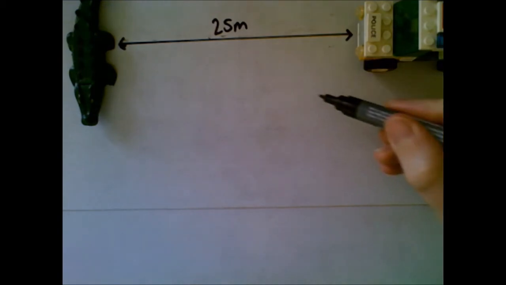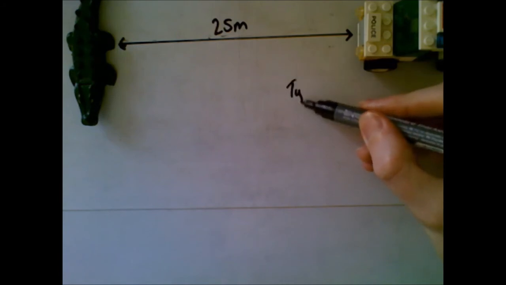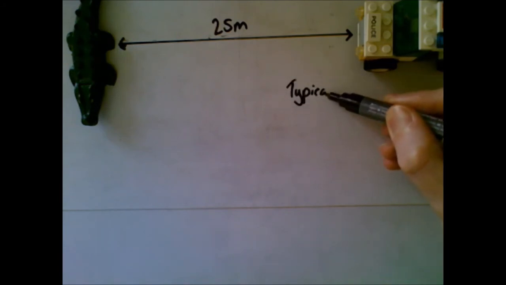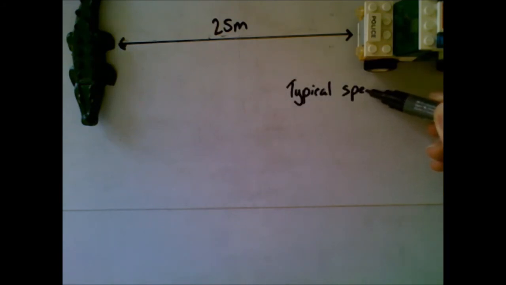And it does use the phrase a car travelling at a typical speed. Now, if you think back to the motion topic, we actually talked about typical speeds for different vehicles. And a typical speed for a car, you remember, was about 25 meters per second.